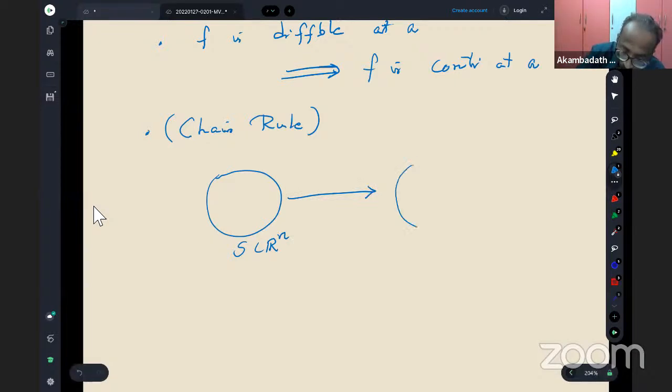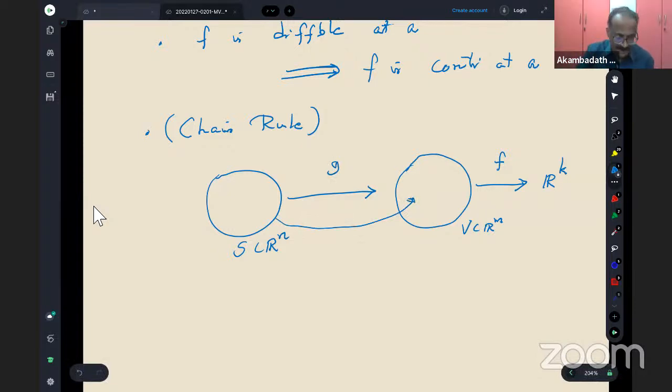So you have some other set here V, and this is in Rm, and you have a mapping F to R, maybe Rk, and you need the conditions so that this goes inside, so that you can define appropriately.